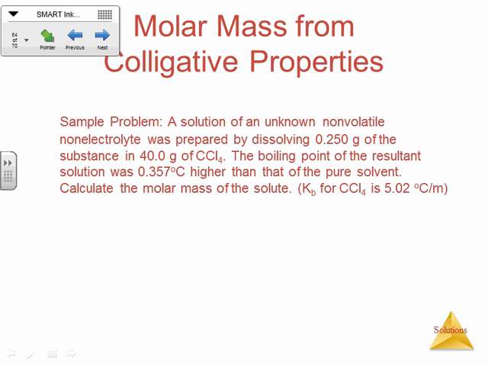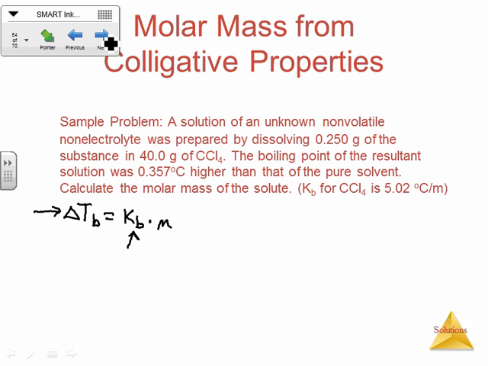Okay. So we've got our equation here, delta TB equals KB times the molality, right? Now in this problem, they're actually giving us this, and they're giving us the KB here, right? So we can use the molality here to find the molar mass of the solute that's dissolved in the water, assuming that there's only one, okay?